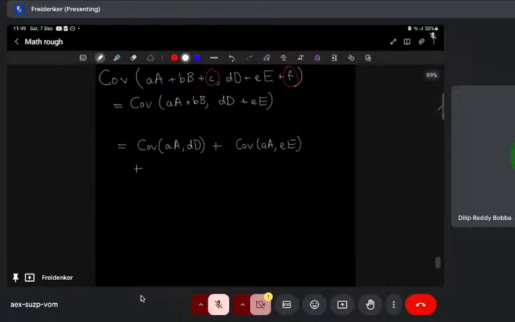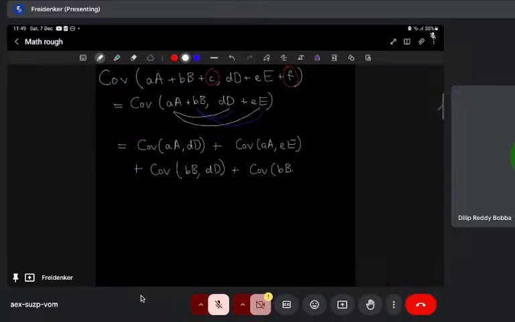Covariance of BD plus covariance of BE. Okay, we did this. This was the main part.